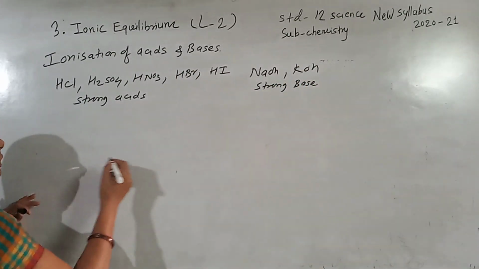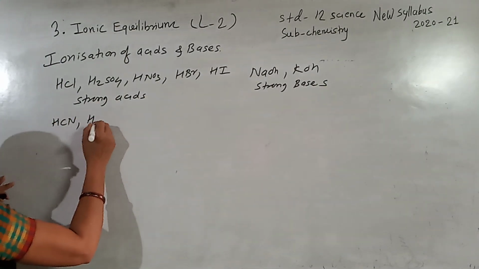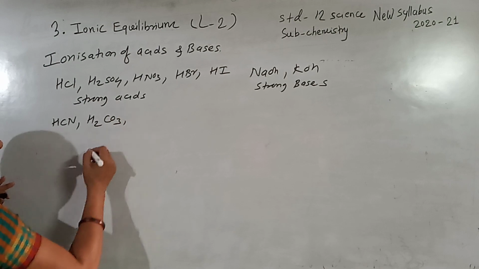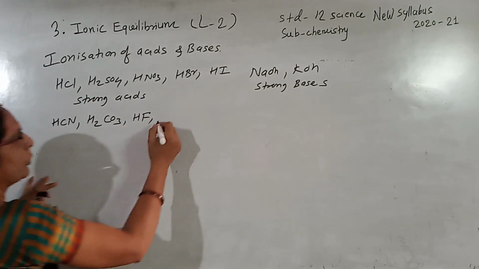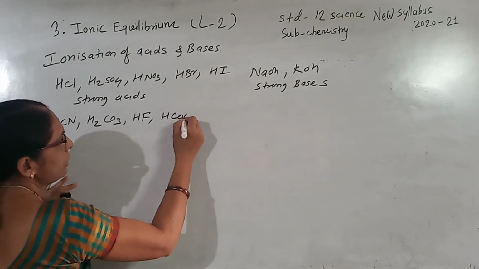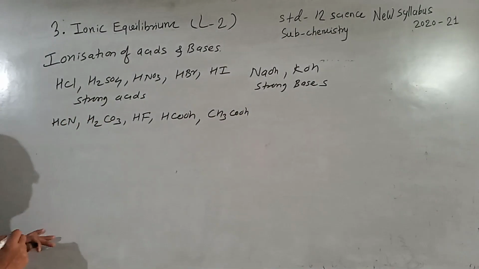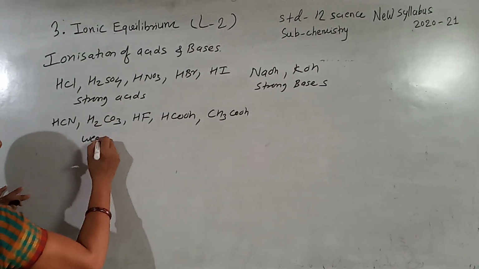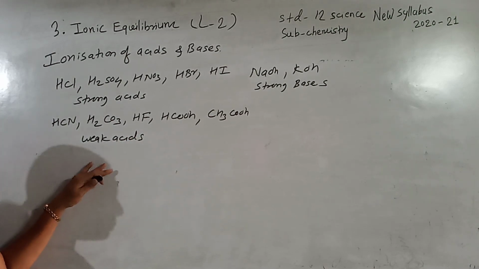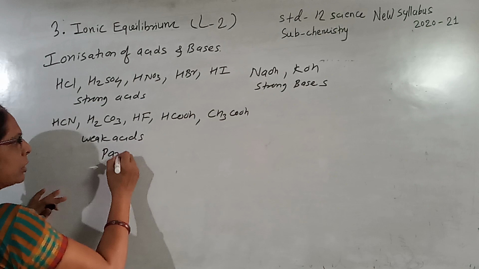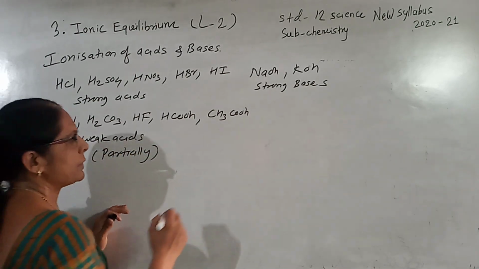But examples such as HCN, H2CO3 (carbonic acid), HF, formic acid, and acetic acid are weak acids, because when they are dissolved in water, they are only partially dissociated. The dissociation occurs partially, so they are called weak acids.